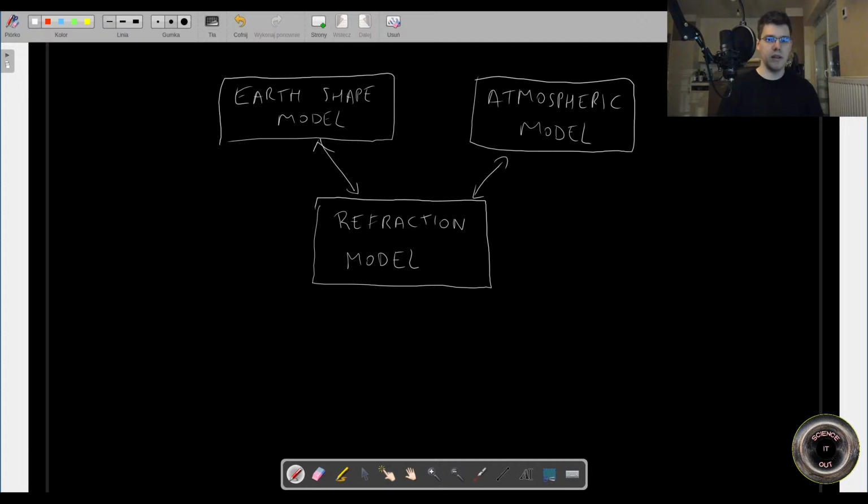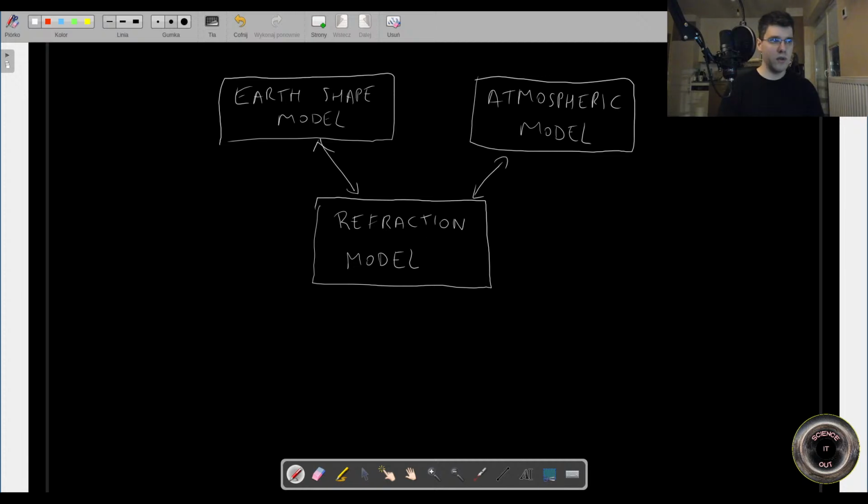So then once the refraction model knows what index of refraction is where, it can calculate the path of the light rays. Okay. So this pretty much covers the physics behind the simulator.